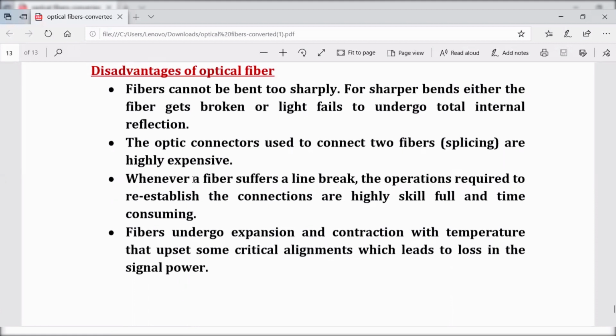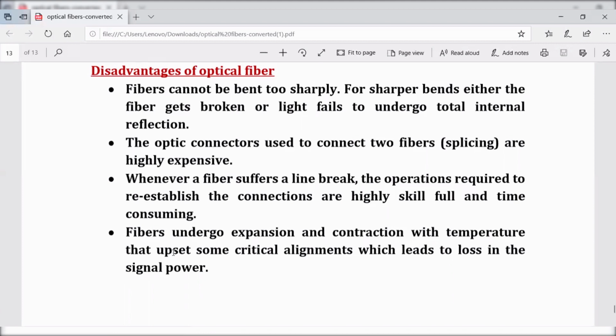Third one, whenever a fiber suffers a line break, the operations required to re-establish the connections are highly skillful and time consuming. The fiber is made of plastic or glass. It's a very thin material. In case they suffer any line breakage, re-establishing the connections is highly skillful and highly time consuming.